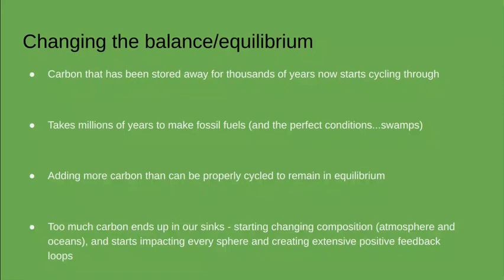We're getting too much stored in our atmosphere and too much stored in our oceans. Because carbon affects every single sphere, by changing how much carbon is in these different spheres, we start impacting every single sphere. And you can imagine it's going to start creating this snowball effect, this positive feedback loop that keeps affecting more and more systems, and not in a positive or good way.